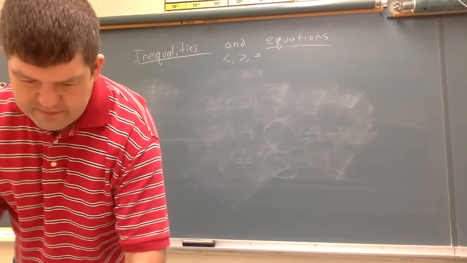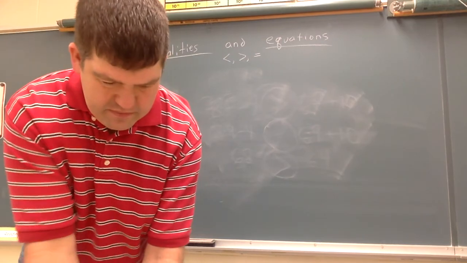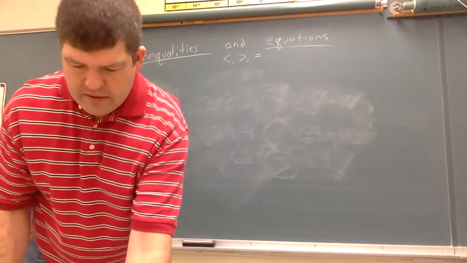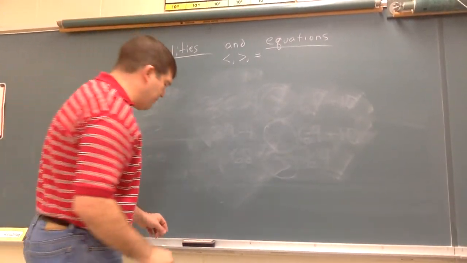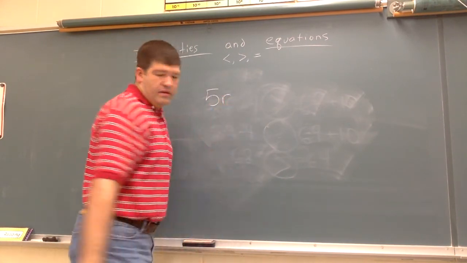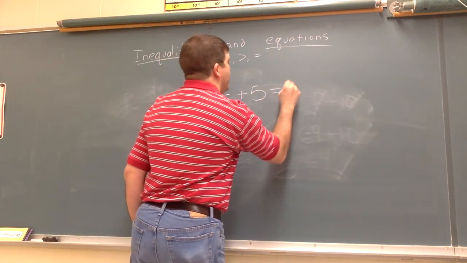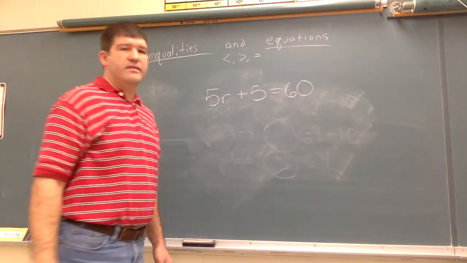All right, we'll do this one right here. So we have 5r plus 5 equals 60.